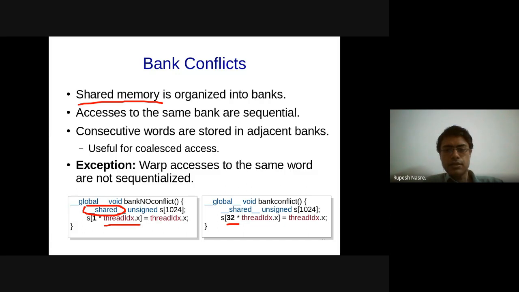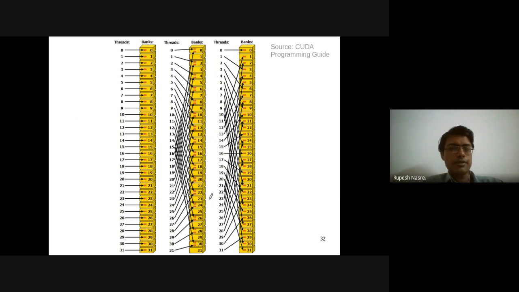Any other concerns here? Okay, so let's look at that. So different ways in which the accesses might happen. I'm showing only one word here, but that doesn't mean that there is only one word. There are probably many words inside each bank. So if these are nicely coalesced accesses like this, then there is no bank conflict.